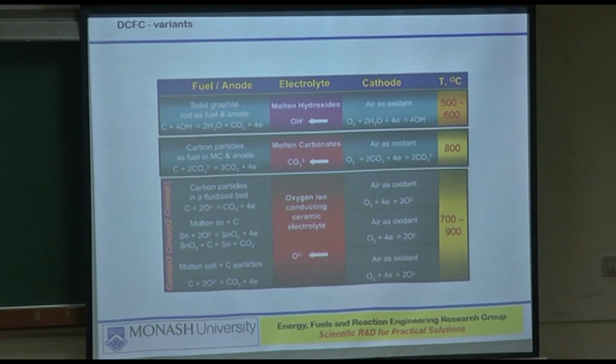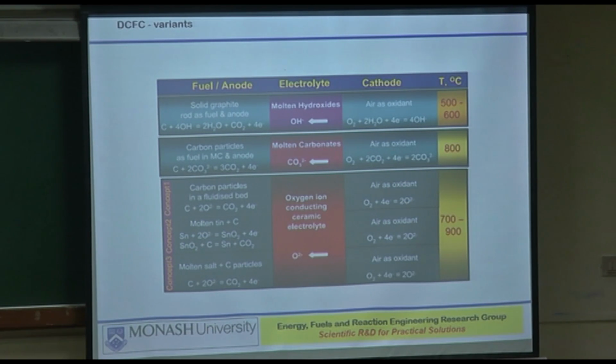So let's focus on the electrolyte first. The electrolytes are not any different from what we have discussed so far. This can be the molten hydroxides, so potassium hydroxides, etc. Or it can be the molten carbonates. Potassium carbonate could be one.